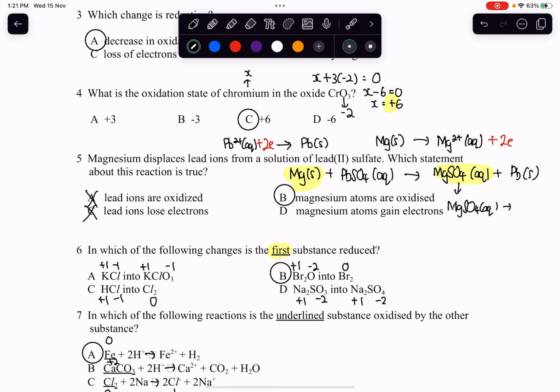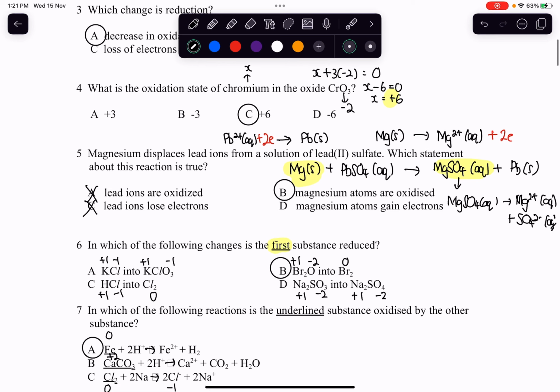It can ionize to form Mg2+(aq) plus SO4 2-(aq). What we are looking for is Mg becoming Mg2+(aq).